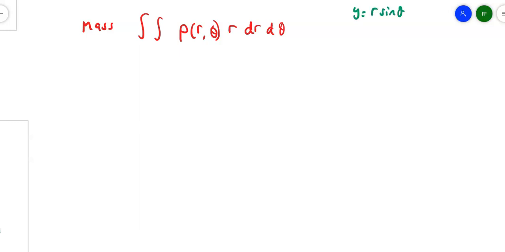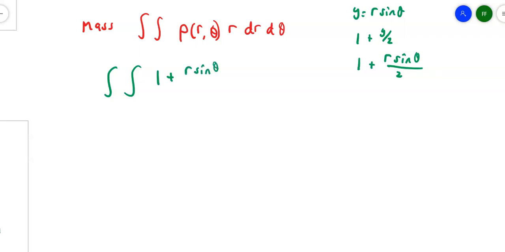And so we'll take that 1 plus y over 2, and we'll turn it into 1 plus r sine theta over 2.